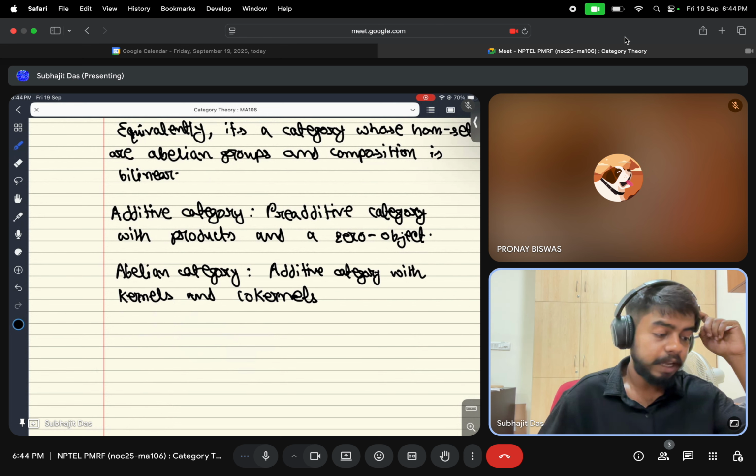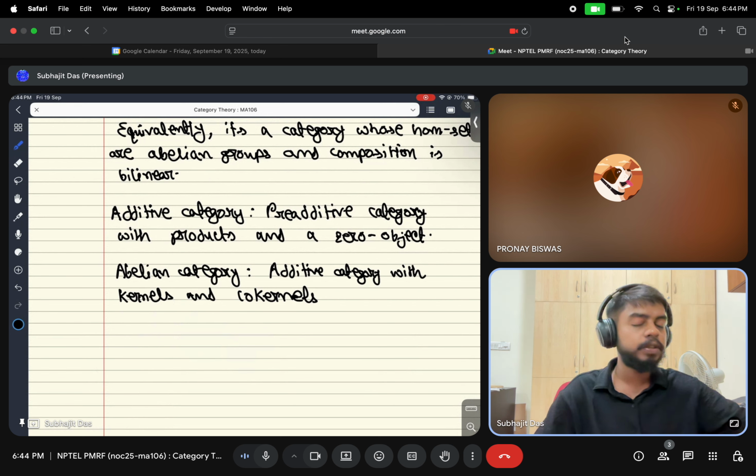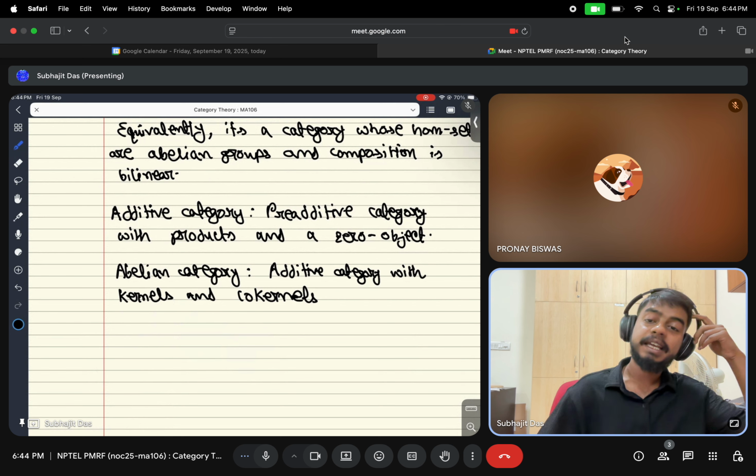Okay. And in fact, from this data, you can also show that for an abelian category, if you assume that every monomorphism is a kernel of some morphism, that is, if every monomorphism is regular, you can show that every monomorphism is in fact the kernel of its own co-kernel, and every epimorphism is the co-kernel of its own kernel.